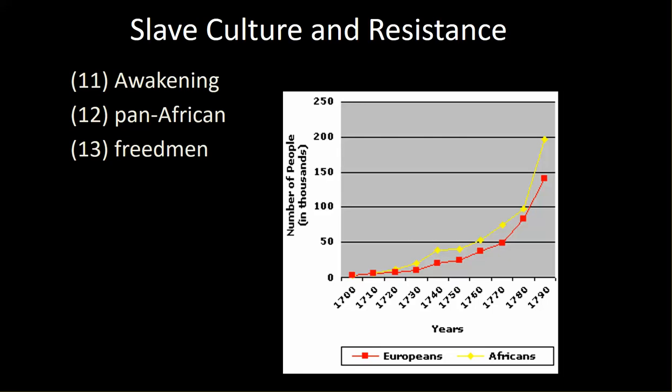And that created a much more balanced sex ratio than we had seen in the 1600s. And that, in turn, made it possible for slaves in the Chesapeake to create family-based communities. The Chesapeake tobacco region is the first place where slaves were able to create those family-based communities.